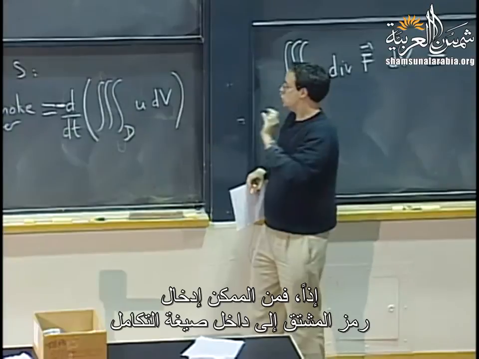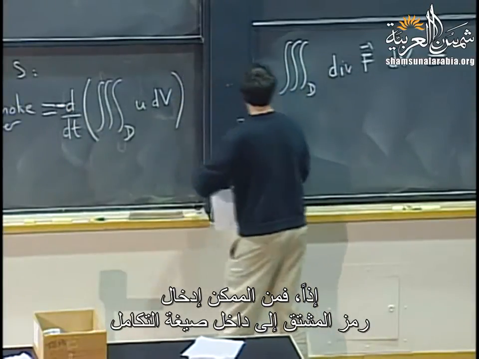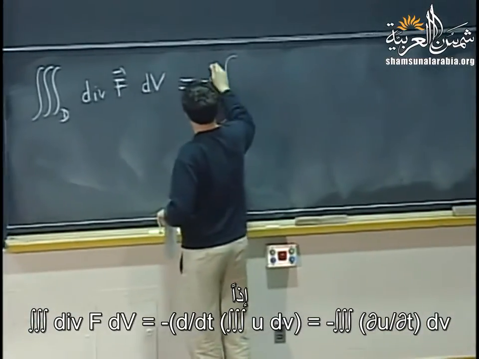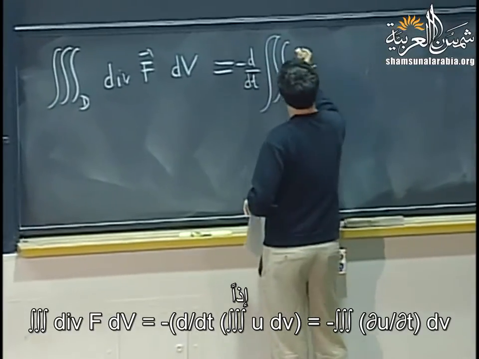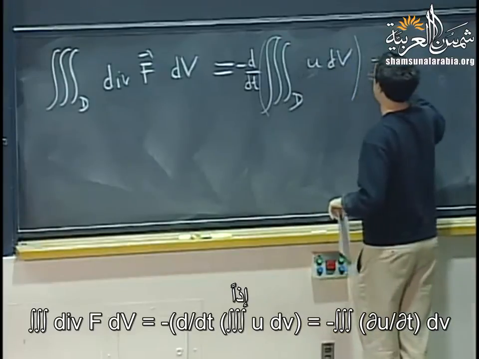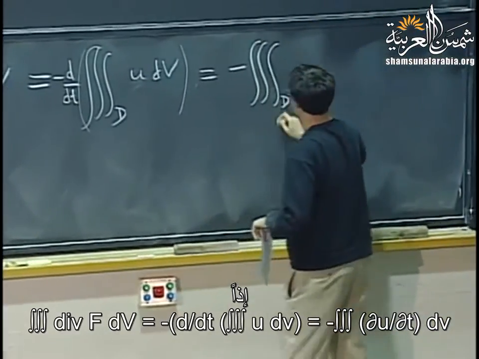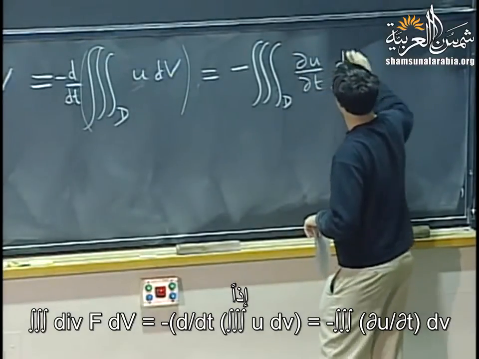So we can actually move the derivative into the integral. So I said minus d/dt, triple integral over D of u dV. And now I'm saying this is the same as the triple integral in D of du/dt dV.